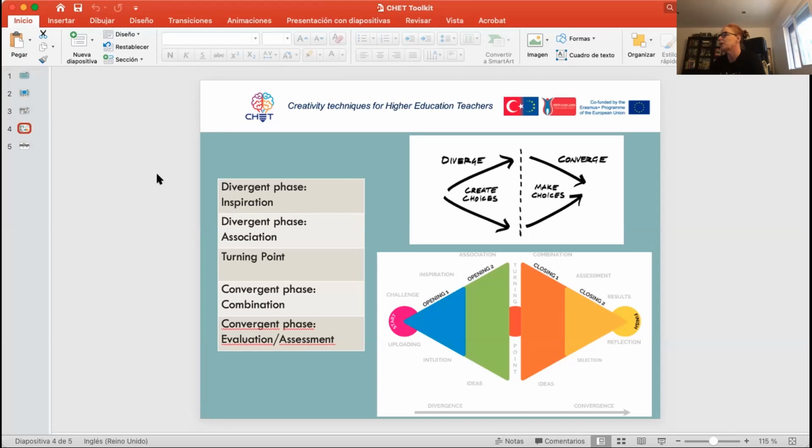And of course, some are related to several phases. But the logic has it that one related to the inspiration in the divergent phase normally is not related to the convergent phase of evaluation. However, the combinations within divergent and convergent are quite common across our techniques.